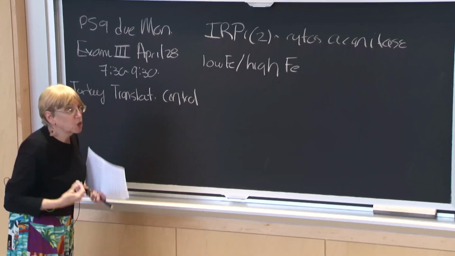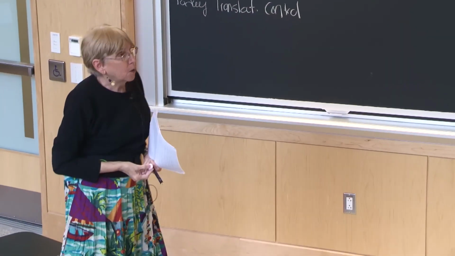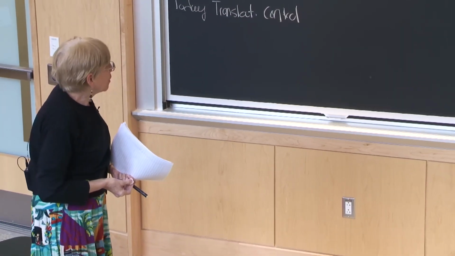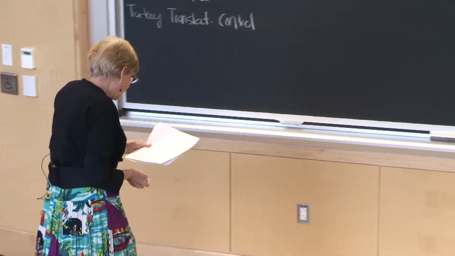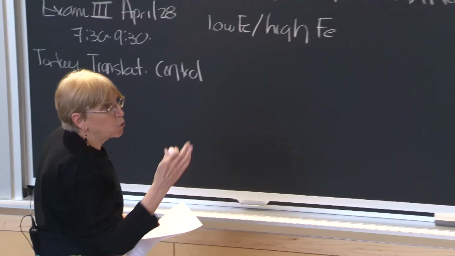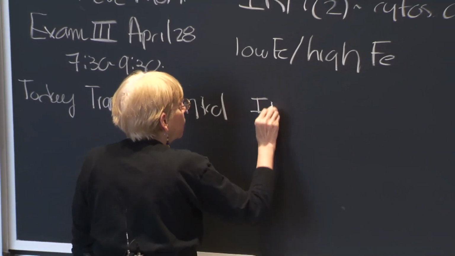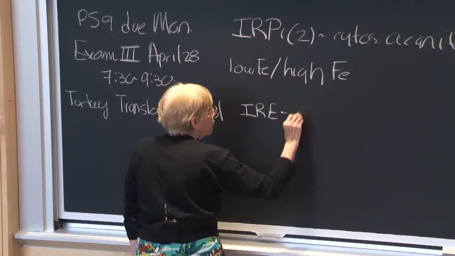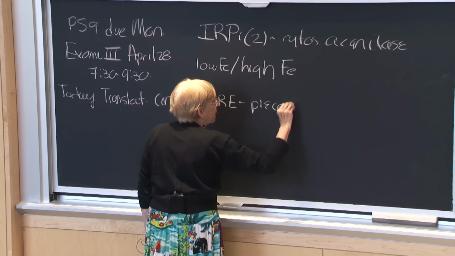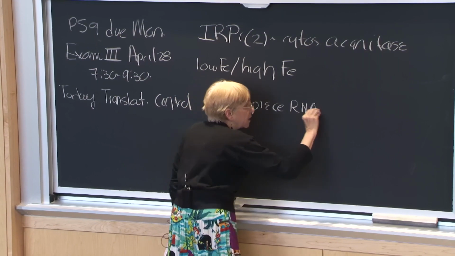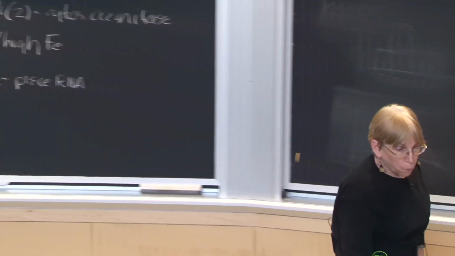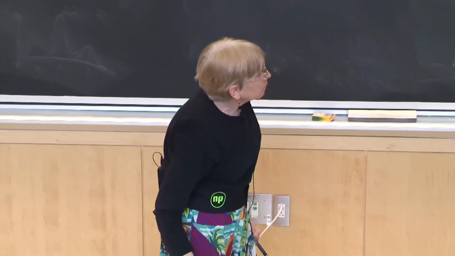And how does the switch work to allow translation or not allow translation to occur? And the other player that we need to be introduced to before we look at how this signal works is, so the second player is the iron responsive element, and this is a piece of RNA, and I'll show you that on the next slide, within the messenger RNA.